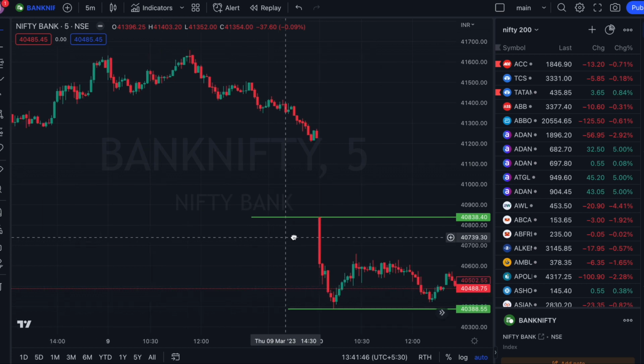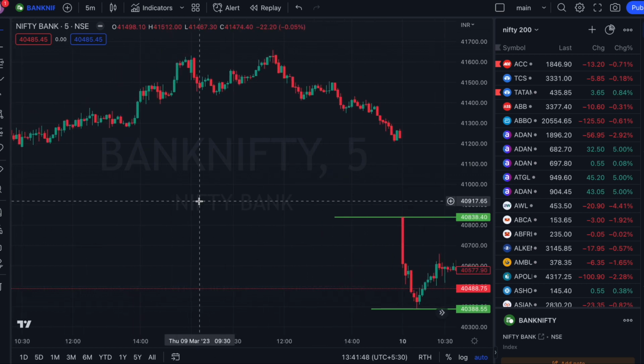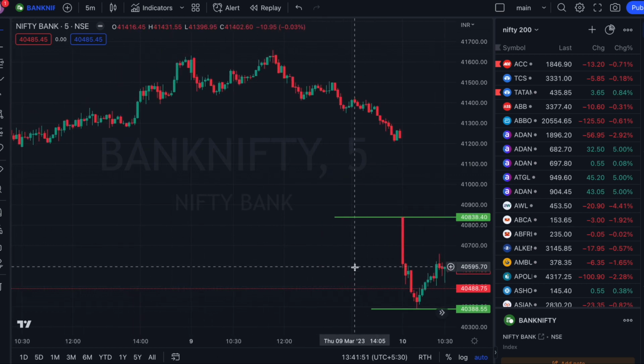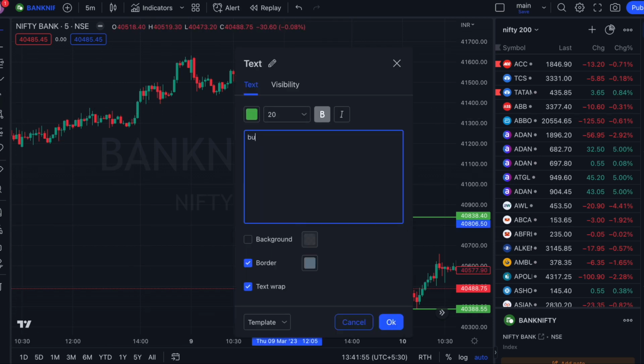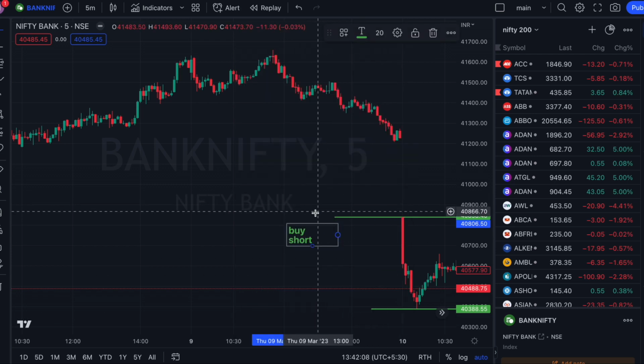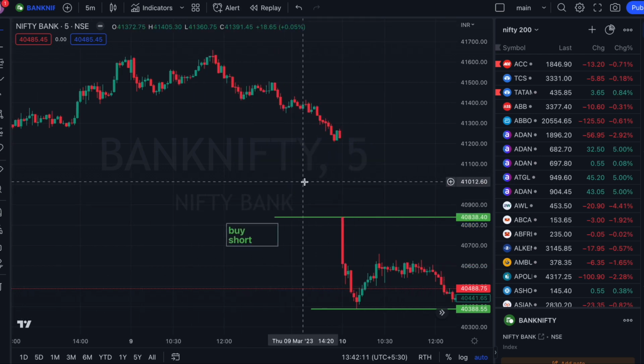Now, to take positions, you can either buy a particular stock or you can sell it, you can short it. Around the initial balance we are going to look for long and short build-ups.